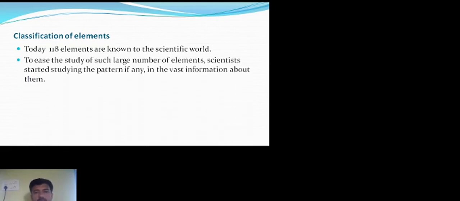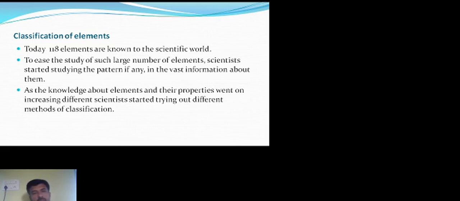To ease the study of such a large number of elements, scientists started studying the pattern, if any, in the vast information about them. As the knowledge about the elements and their properties went on increasing, different scientists started trying out different methods of classification.